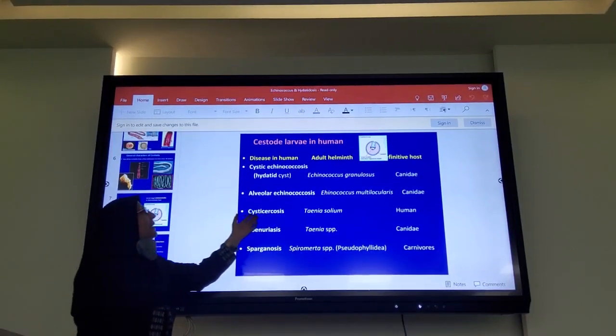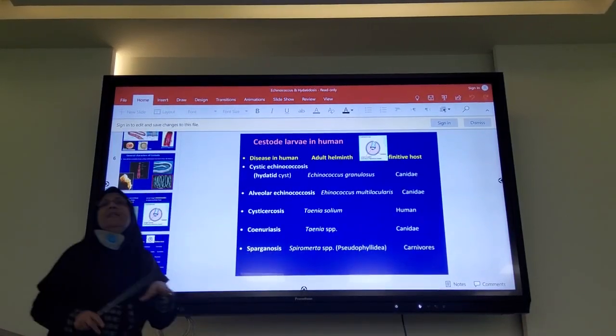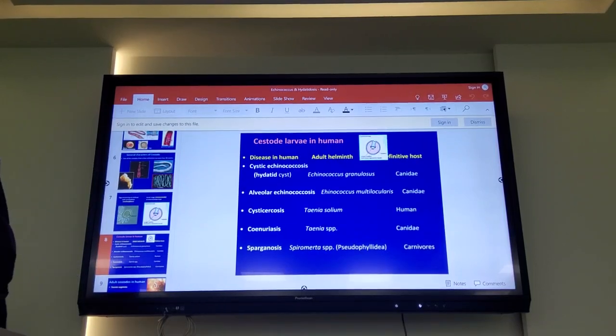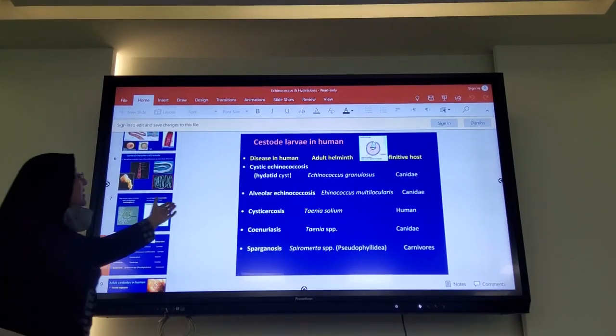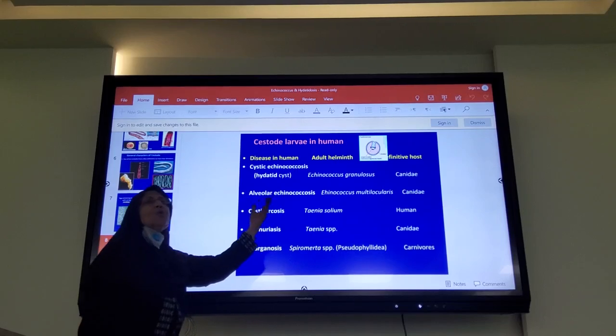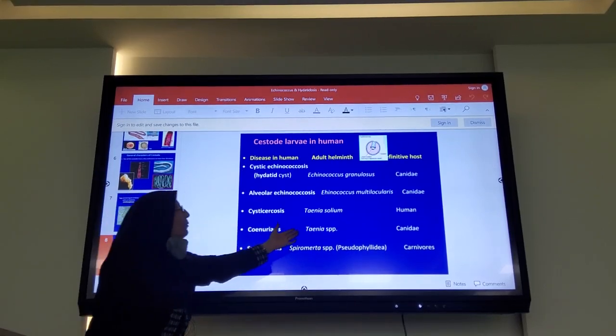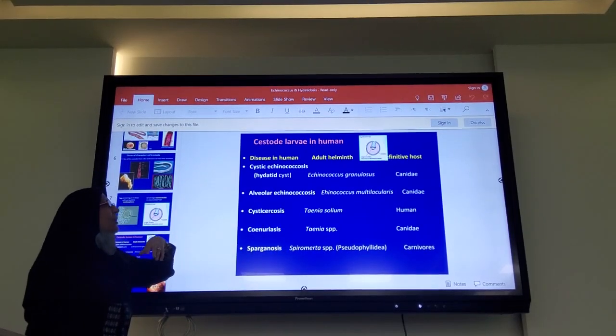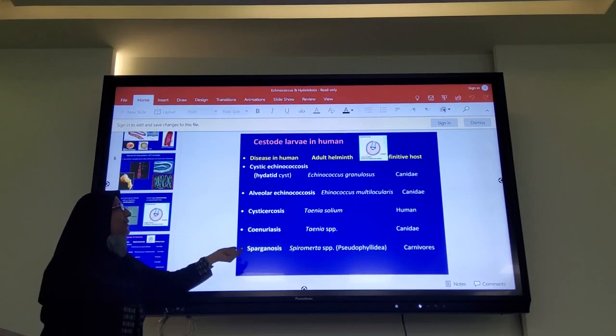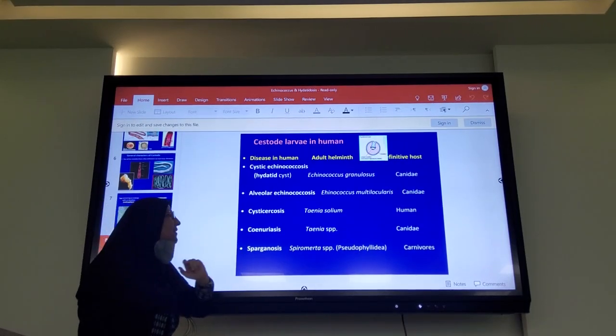Okay? The next one, Tinea solium, is a tapeworm of human. Intermediate hosts are usually pig, but human is also susceptible to the larval stage. The disease is called cysticercosis. There are some other Tinea species which may lead to human disease. They are very rare, like Cenoriasis.